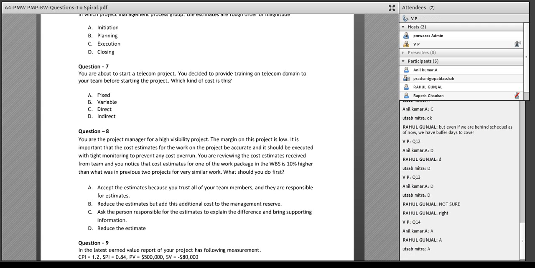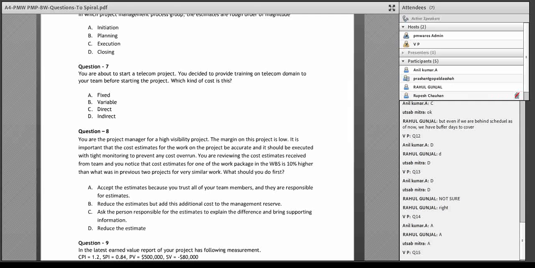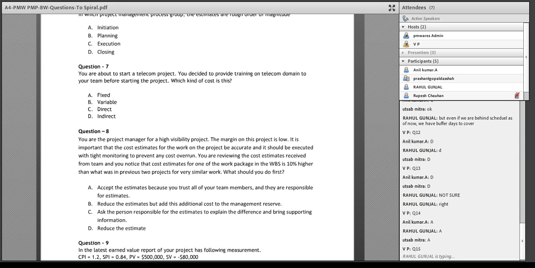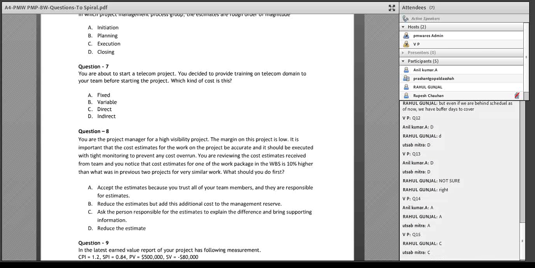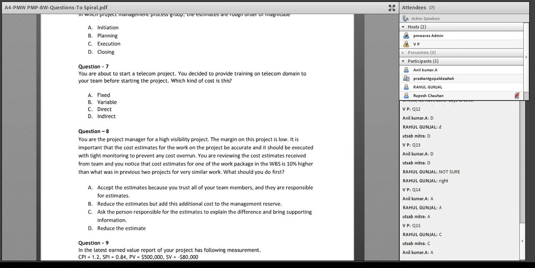All A, fantastic. A, C, C. Okay. See, it is also simple actually, though it is a bit confusing.